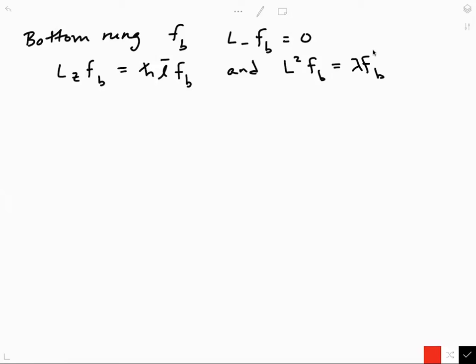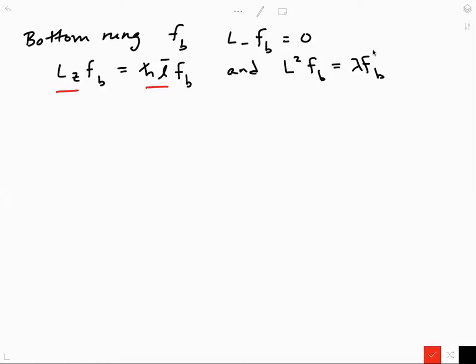So we can go ahead and define the eigenvalue for the z component of our angular momentum to be h bar, and we'll call that L bar, so that when our z component operator acts on this eigenfunction at the bottom, we get that lowest eigenvalue.